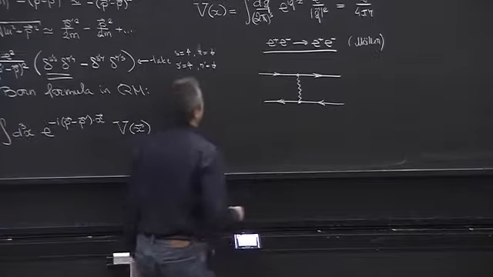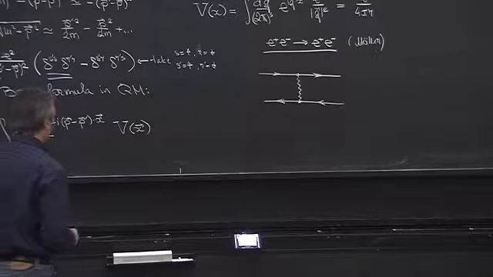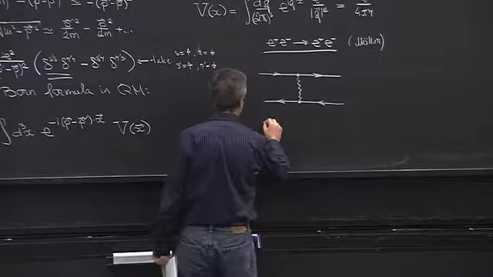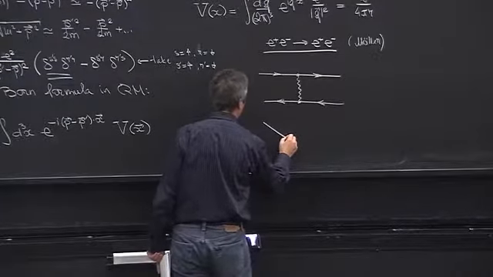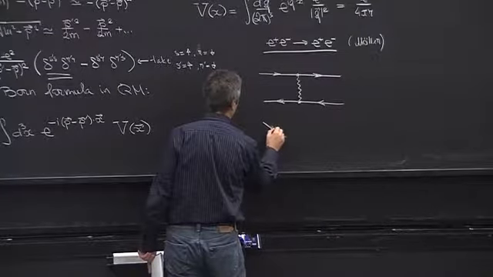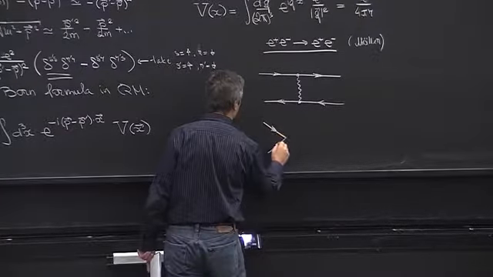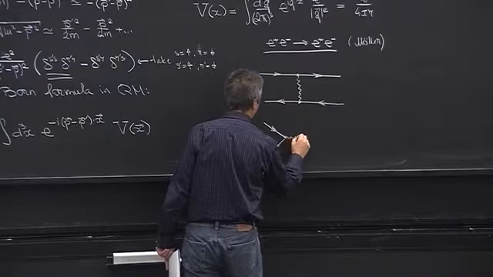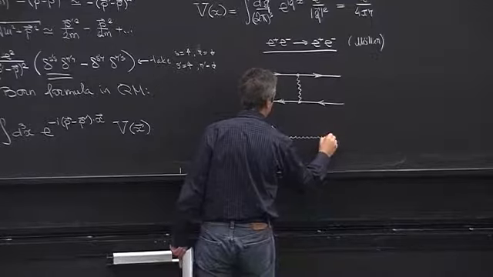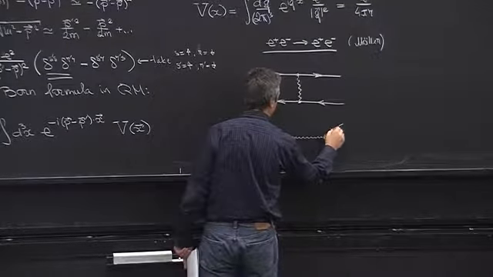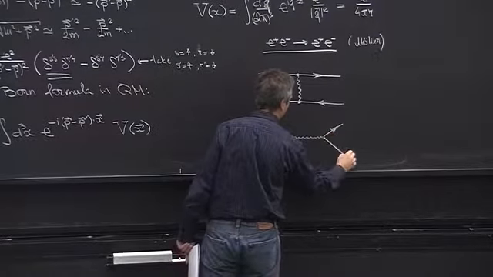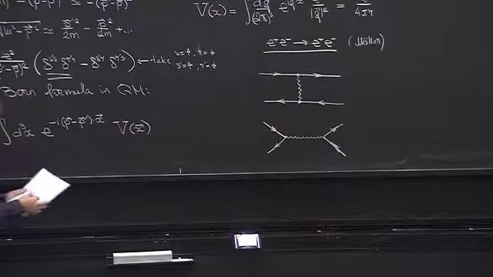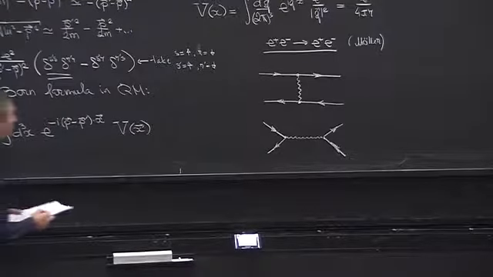Therefore, the second diagram, instead of crossing the initial and final lines, will be the diagram that corresponds to annihilation of the electron-positron pair, which then produces an intermediate photon, and this photon recreates an electron and positron in the final state. So there are these two diagrams to compute.